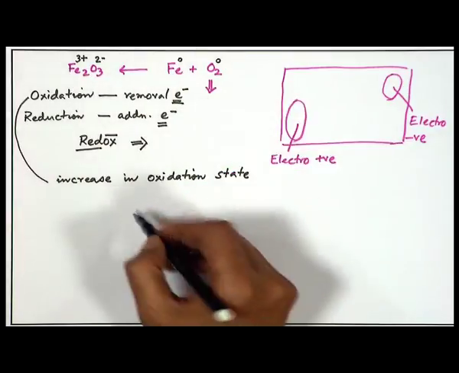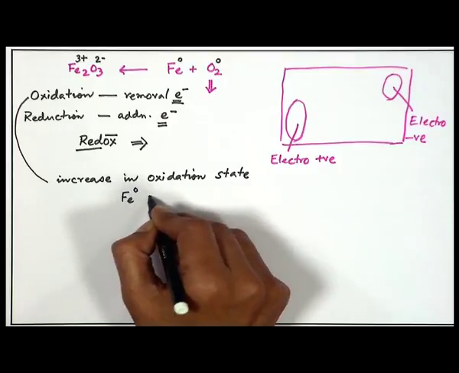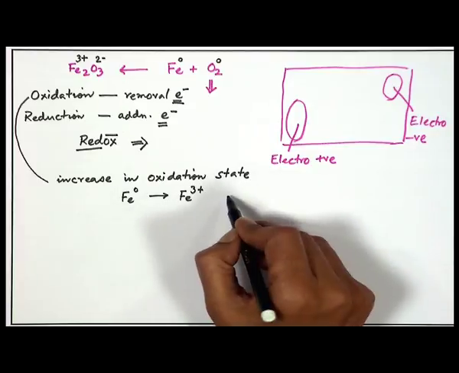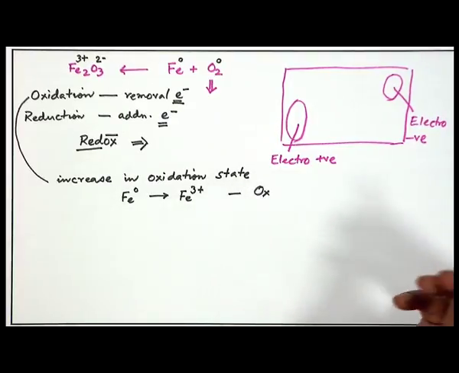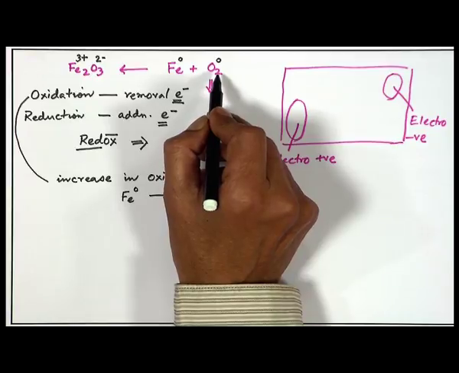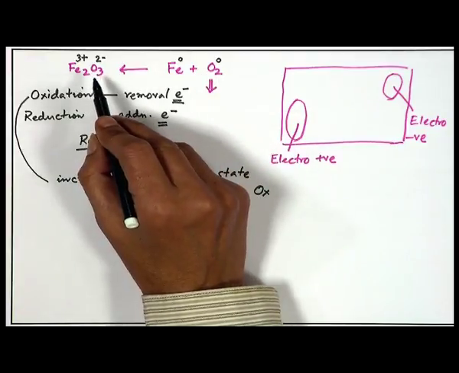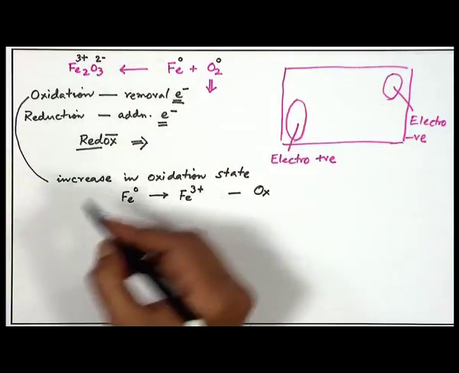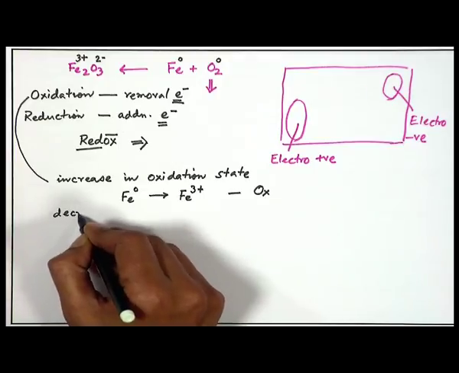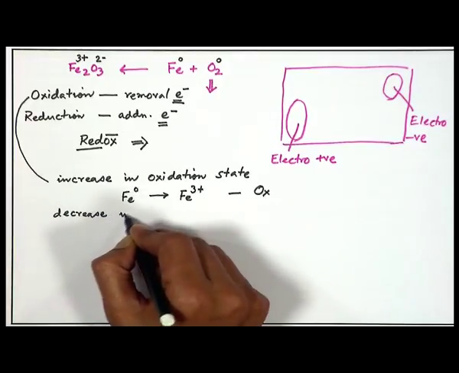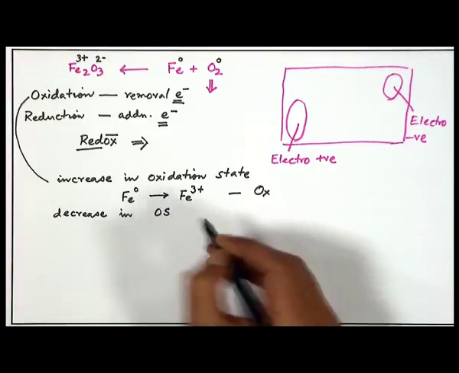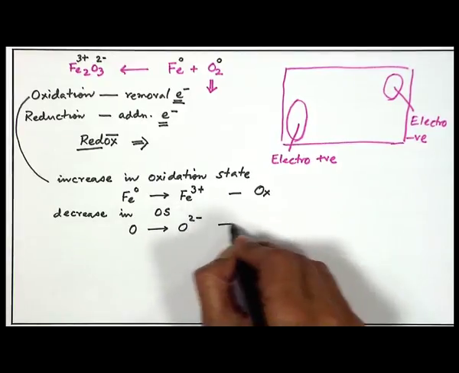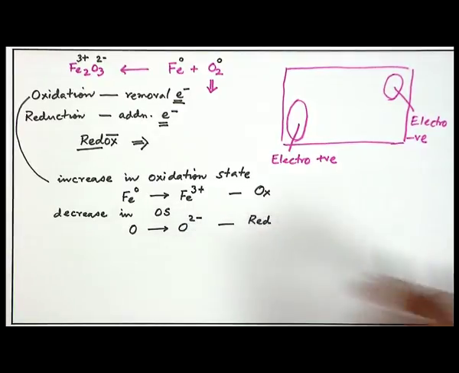So, increase in oxidation state means the oxidation state is changing from iron 0 to iron 3 plus, that means Fe 0 going to Fe 3 plus is the typical oxidation process. And we see that O2 is gaining electrons, and gain of electrons, in a negative direction, is the decrease in oxidation state. So, O going to O2 minus will be our reduction.